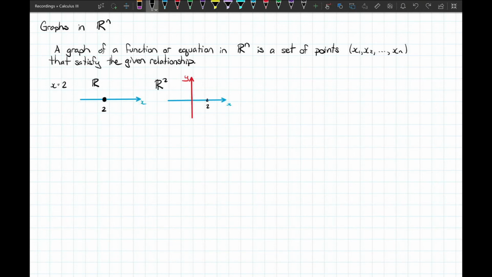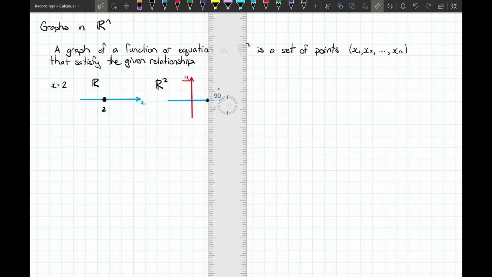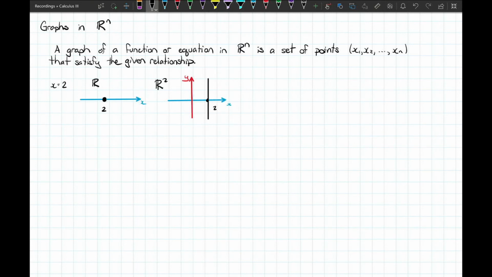We have one point that is at the coordinate (2, 0), but (2, 1), (2, 2), or (2, negative square root of 13) would also be just as good for satisfying this relationship. So that actually gives us the equation of a vertical line. All of the points above or below the point (2, 0) also satisfy that given relationship where x is equal to 2. So we've gone from x equals 2 representing a point to x equals 2 representing a line now.